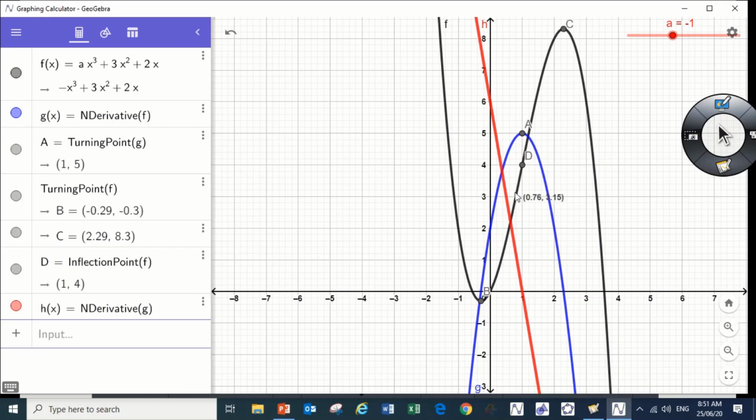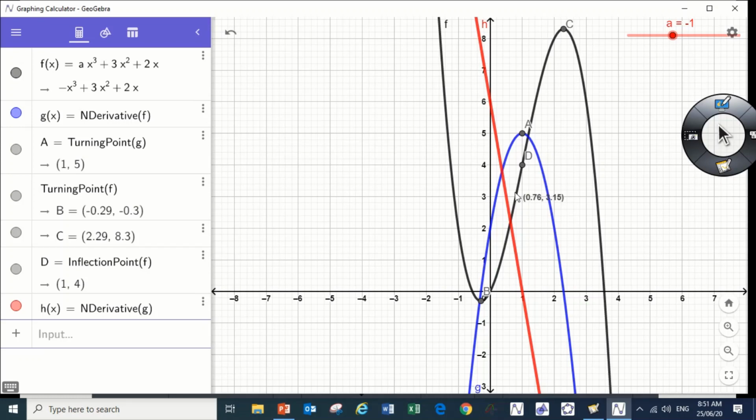The x-intercept of the second derivative is the same as the x value at the turning point. It's also the same as the x value at the point of inflection of the cubic. So the x-intercept of the first derivative is the same as the x value at the turning point of the quadratic. It's also the same as the x value at the point of inflection.